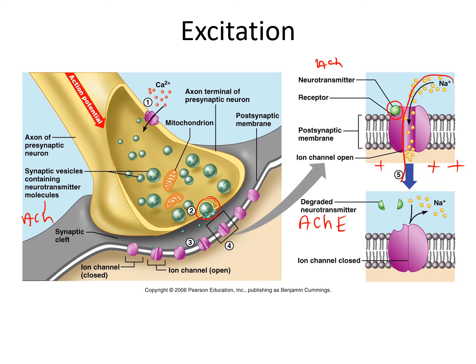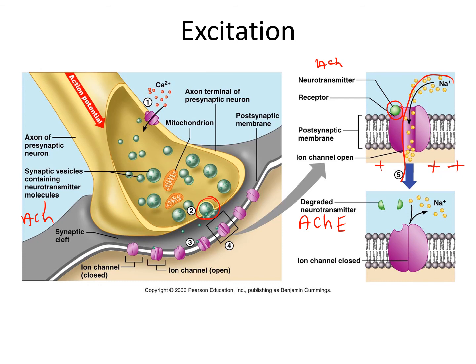All right, so what does ACHE do for us? Well, in breaking down acetylcholine, it prevents further unwanted muscle contractions. Remember, as long as acetylcholine sits on that sodium channel, what happens to the sodium channel? It stays open. And what comes through that sodium channel? Sodium ions.